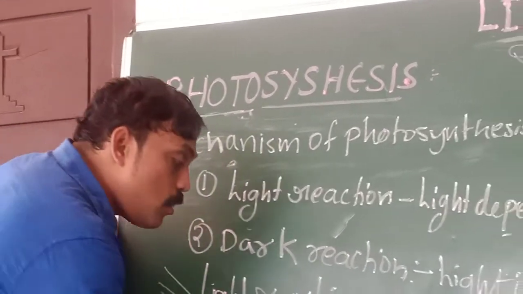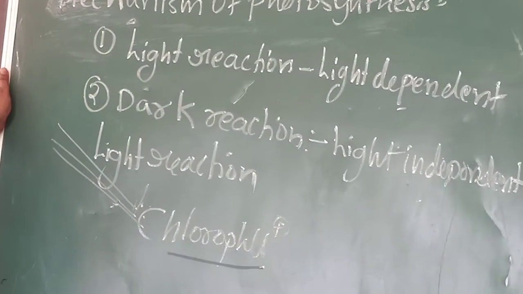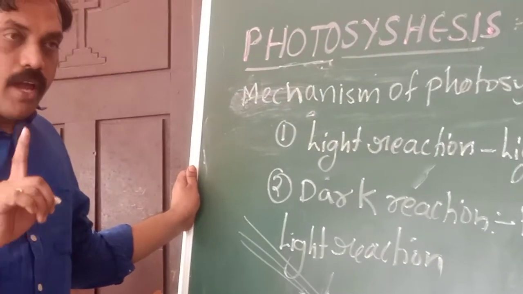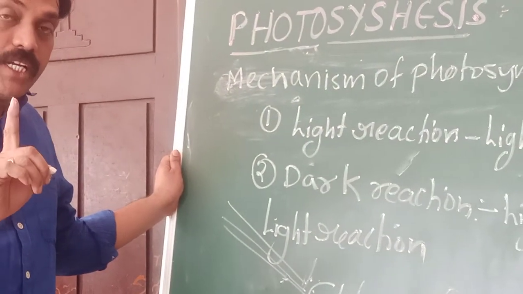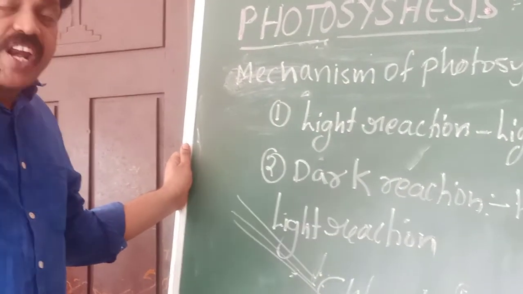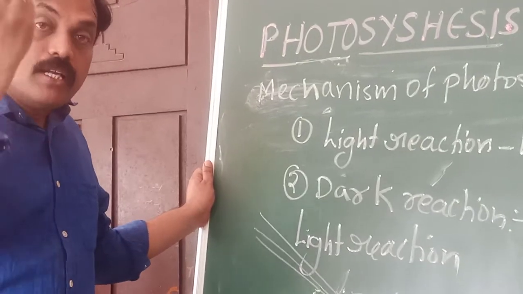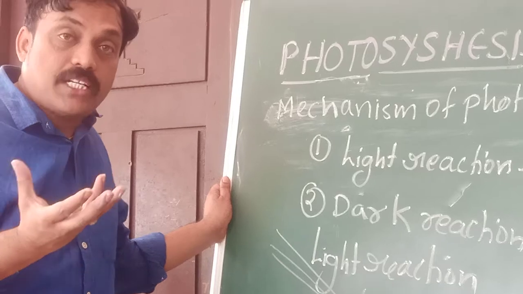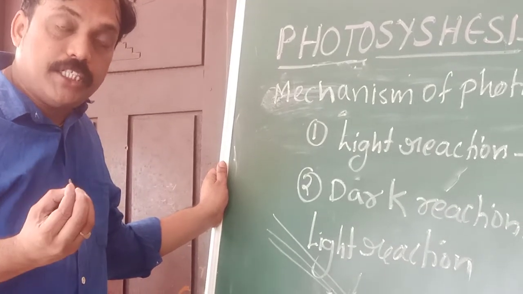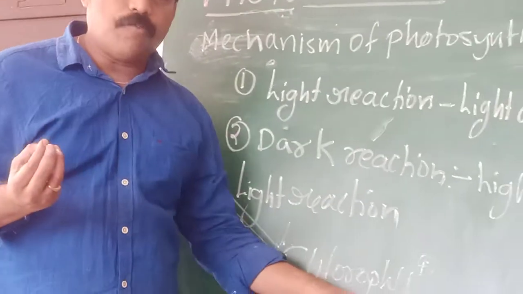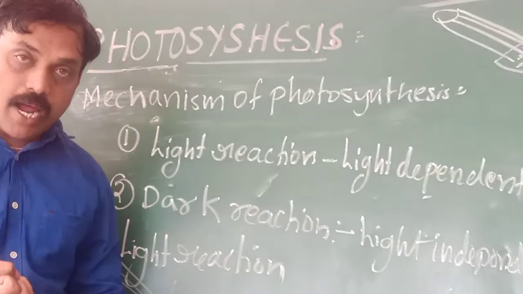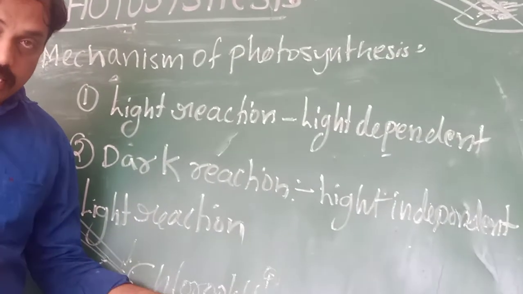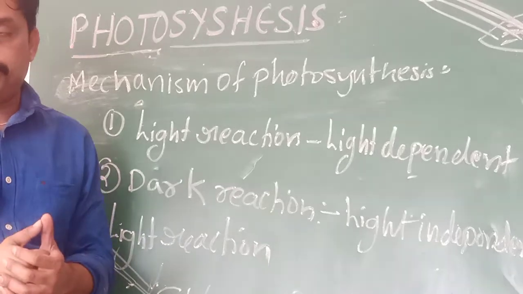So the first step is activation of chlorophyll. How is it activated? By trapping sunlight. First of all, chlorophyll is in an inactive stage. When it traps the sunlight, it is activated.